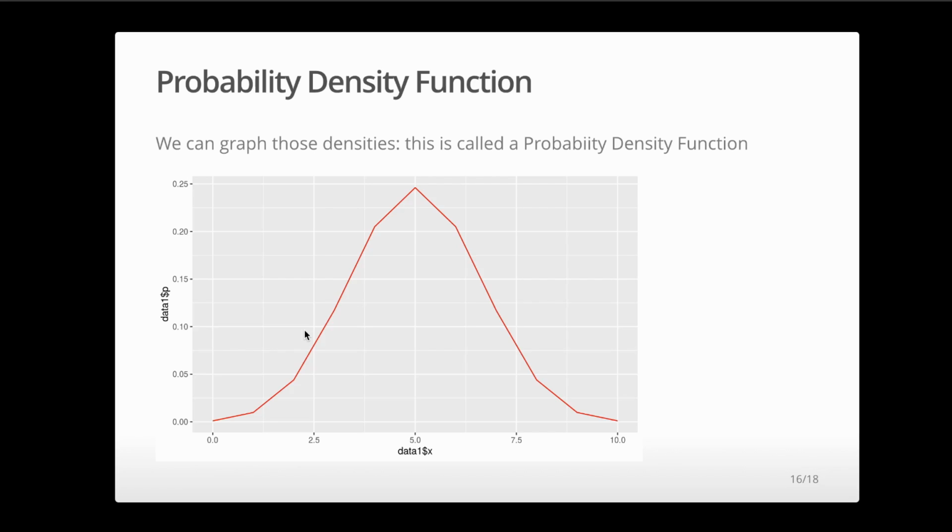I believe in the textbook they'll give you the exact function that dbinom is using to calculate the densities, but this is coming from theory, and this theory is saying this is what you would get if you were to flip 10 coins an infinite number of times.